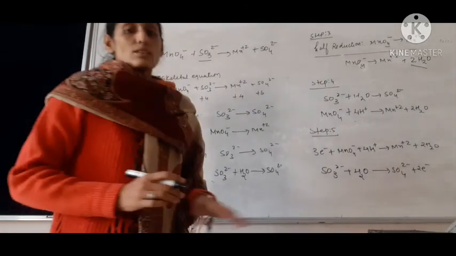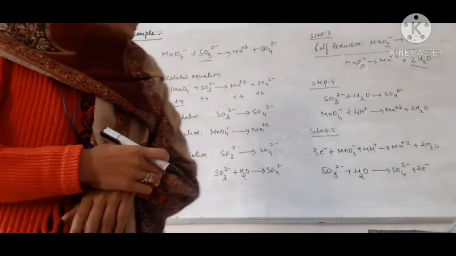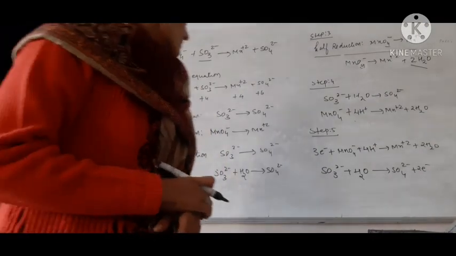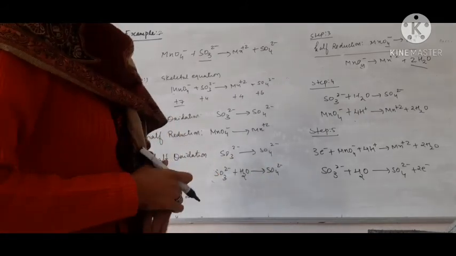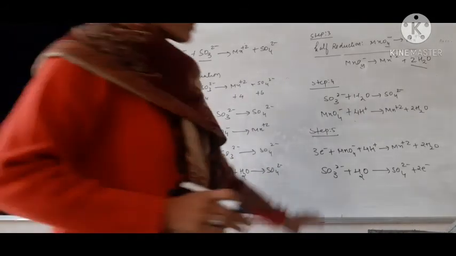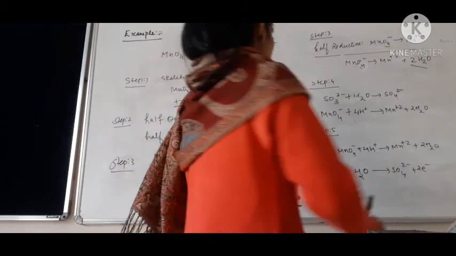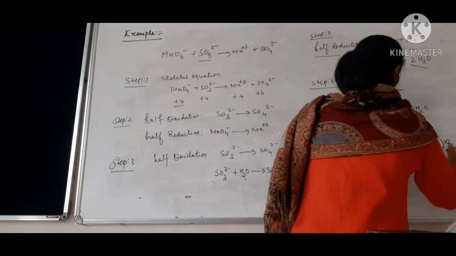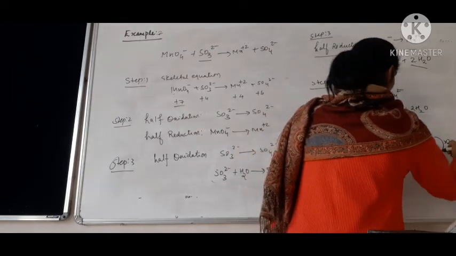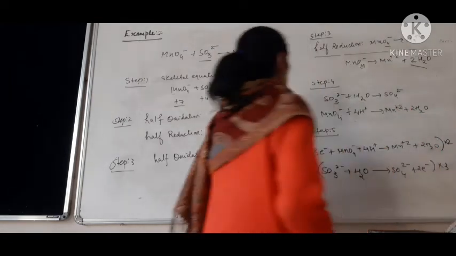So here we have 2 electrons and 3 electrons, and we balance by multiplying by integers, 2 over here and 3 over here.